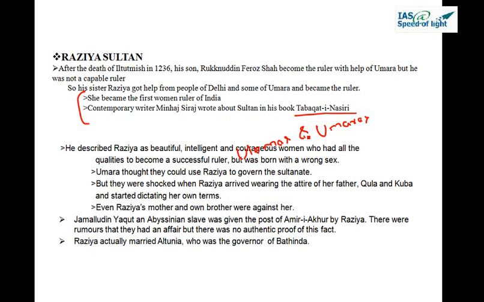They were particularly incensed over her decision to appoint an Abyssinian, Malik Yakut, as the Amir-e-Akhur, a post which is nothing but the master of horses. So he will take care of the horses of the army and royal house.